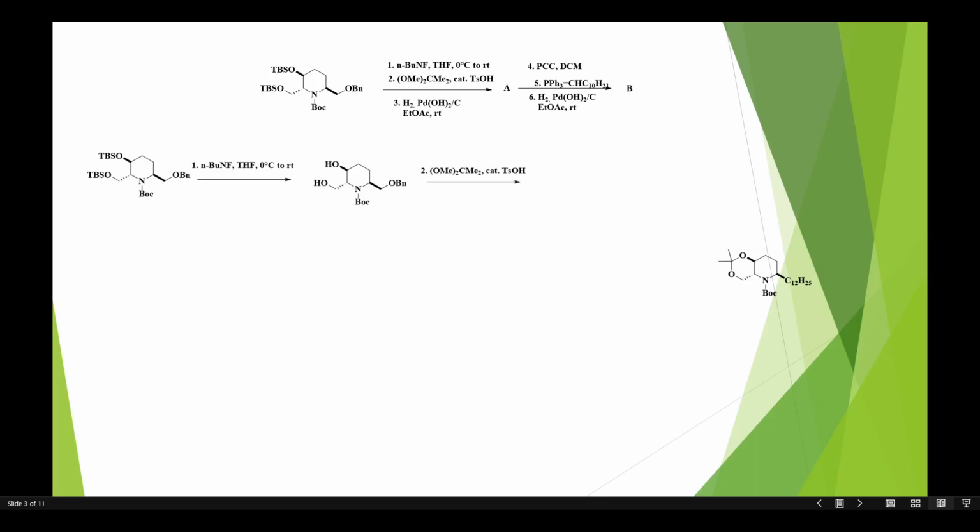From this, the catalytic PTSA will react with the dimethoxy compound, then methanol will be removed and you will get an intermediate like this.